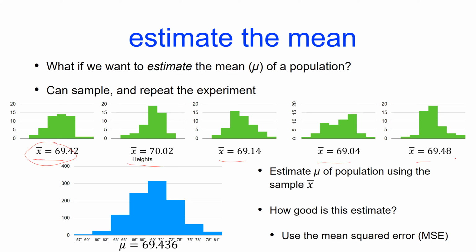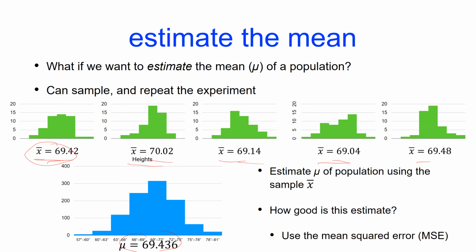So let's assume we know the ground truth. This is my population, and my population mean is 69 point something. This is my sample mean, which is close, and we want to ask, how good is your sample mean?